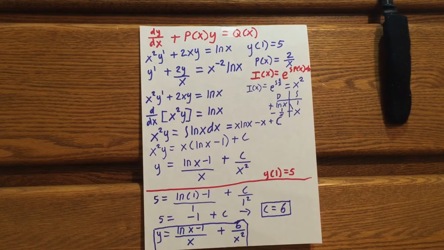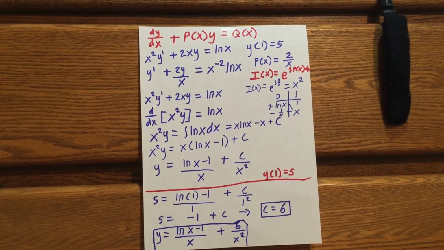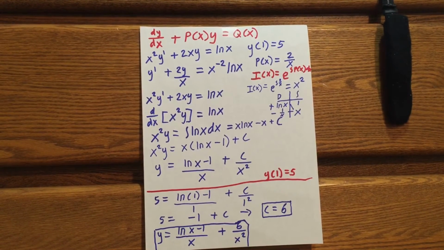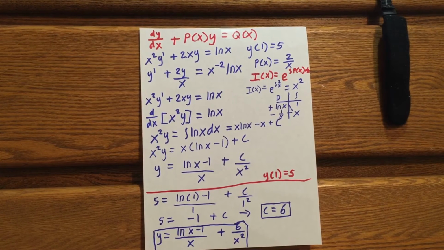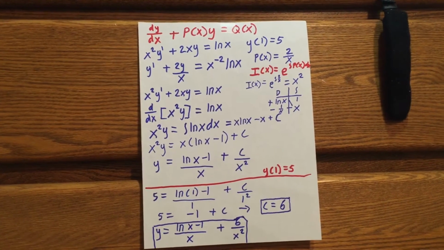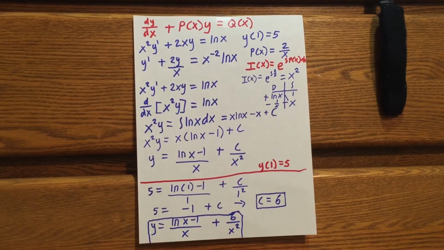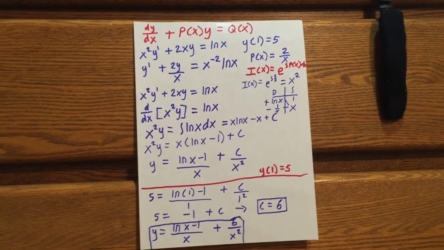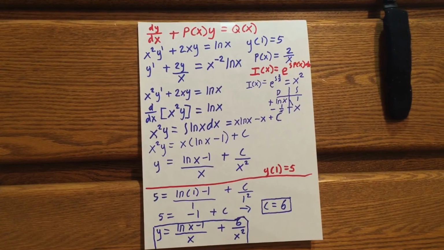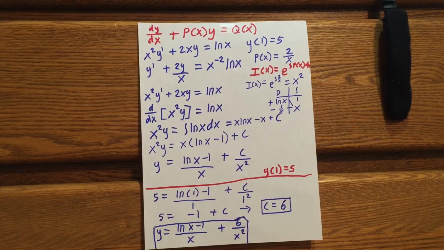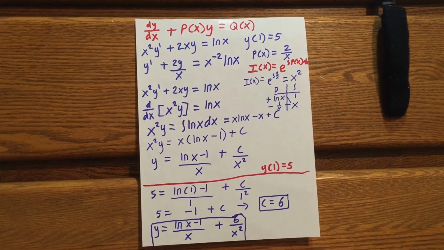It's just in the form of xy prime plus x prime y. So now that you know that, I just wrote it in terms of d over dx of x squared y is equal to ln x.